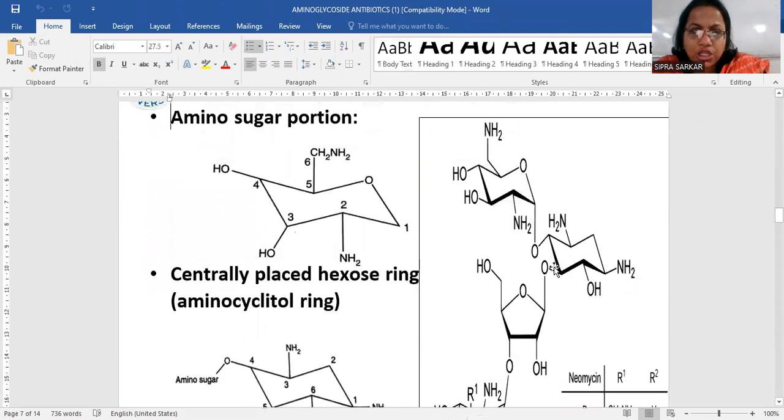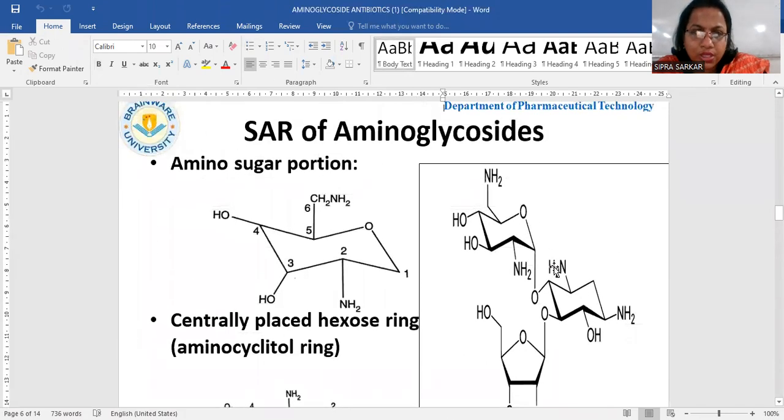See the structure of the aminoglycoside. But before starting, we should know the aminoglycoside structure. It is an amino sugar. This product is a sugar, but an amino group is attached, that's why it is known as an amino sugar. There is a centrally placed hexose ring. See, amino group at positions 1, 2, 3, 4, and the fifth position there is an amino group.